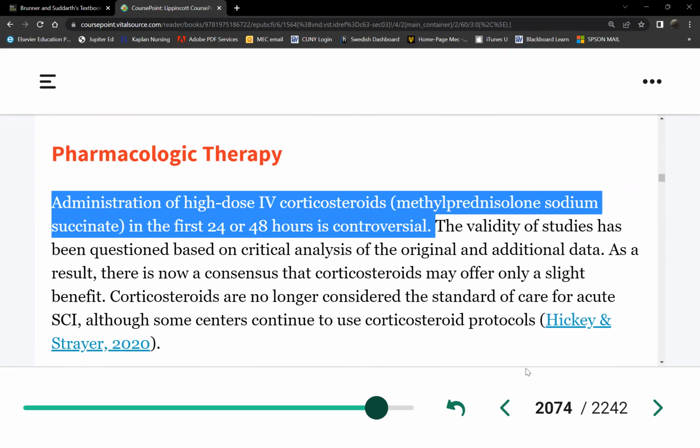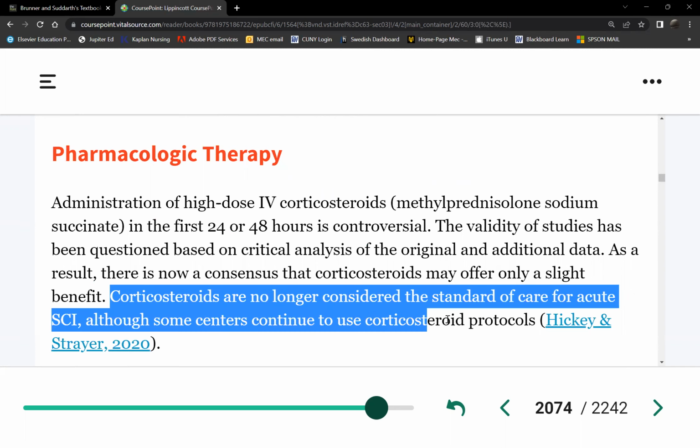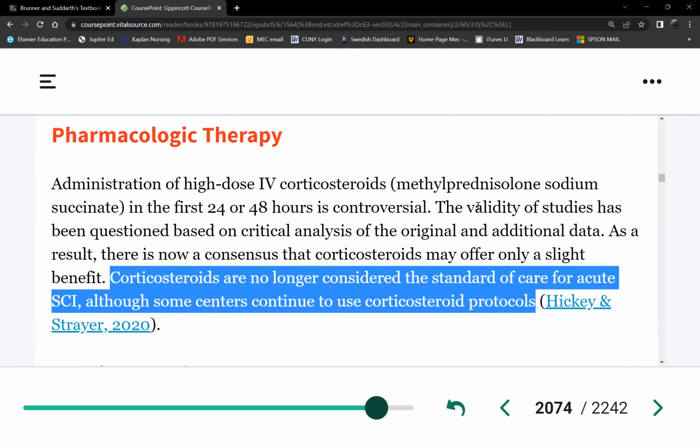Long ago during my time, we gave steroids during the acute episode. Right now, there's really a big debate about the benefits of giving steroids during the first 24 hours. And here's the statement also from the same author.